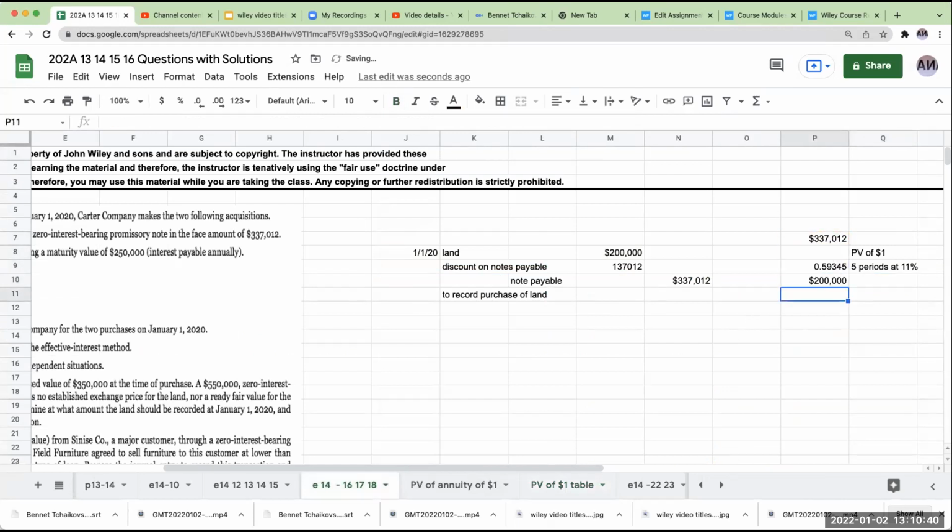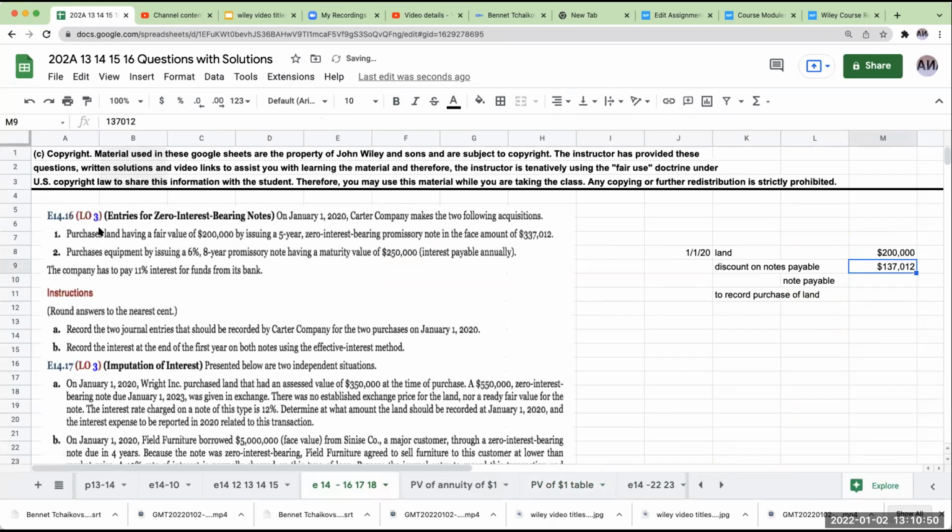When I multiply these through, I get 200,000. So that's what this amount is worth today. If you're discounting this back at 11%, this is the same amount, land having a fair value of 200,000. So this looks okay.